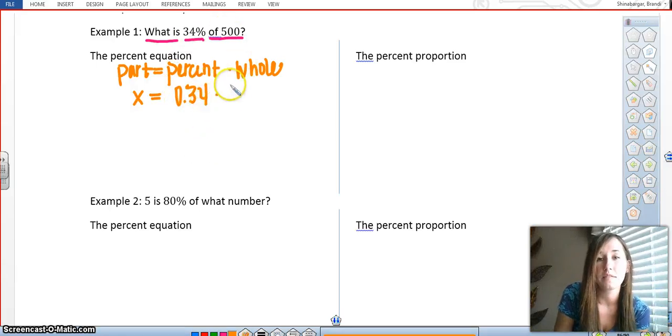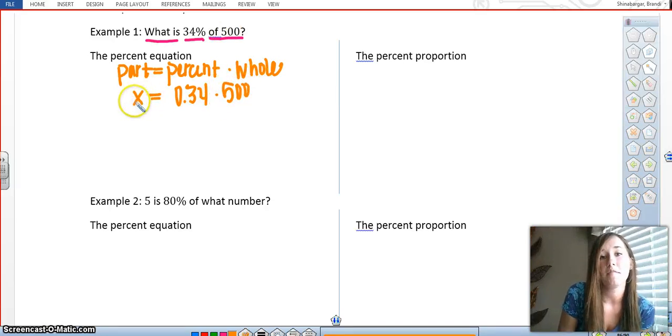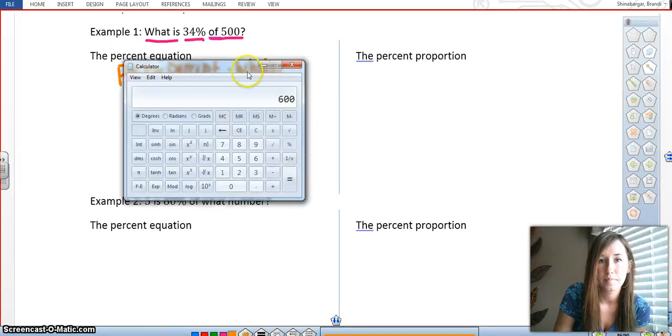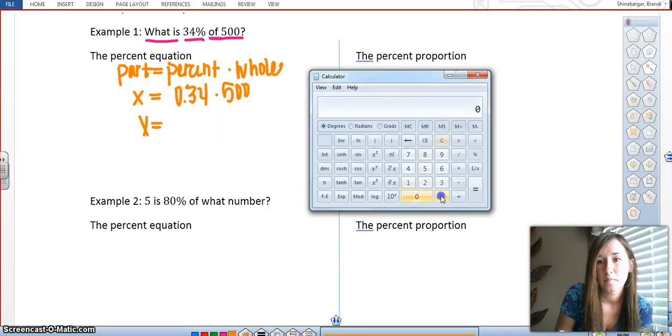And then our whole is 500. All right, we're trying to figure out the part or the variable x, so we just need to multiply these values and we'll be finished. 170.